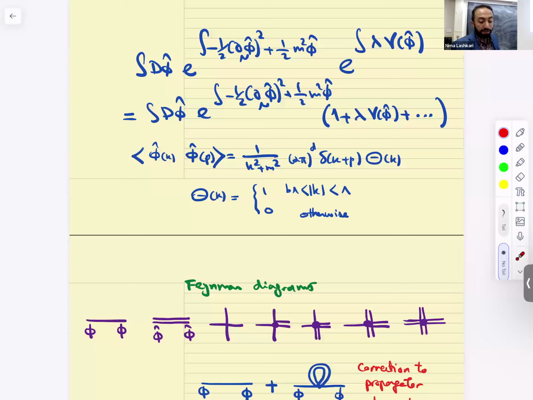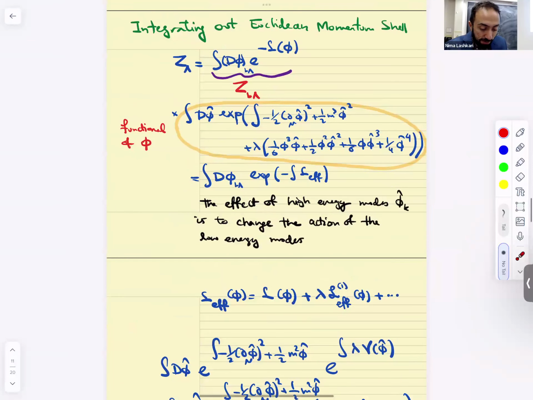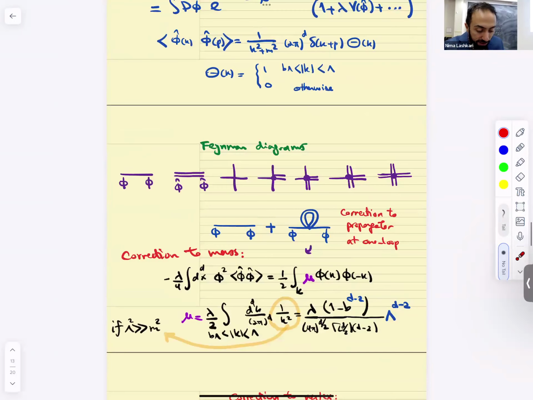And then the phi field has this vertex interaction, 4-point interaction. What kind of interactions am I going to get? So let's stare at this. I'm going to get a phi cubed phi hat term, phi squared phi hat squared, so phi cubed phi hat cubed, and so on and so forth, right? So these are the 4 diagrams I'm going to get.